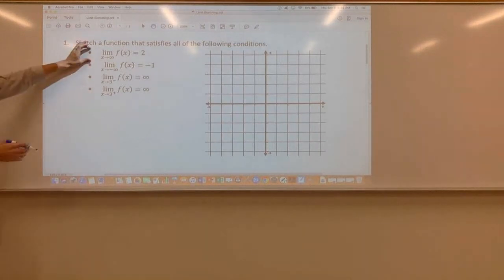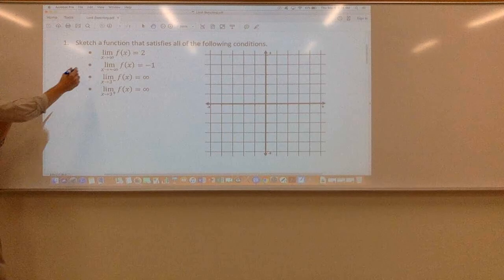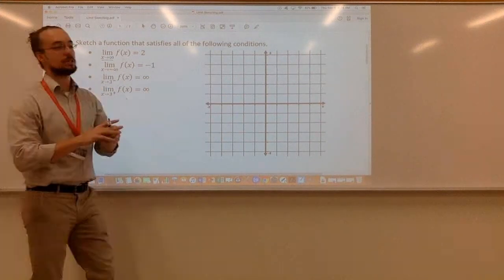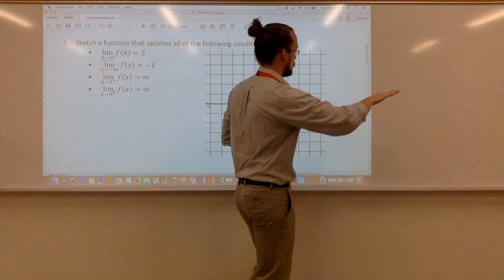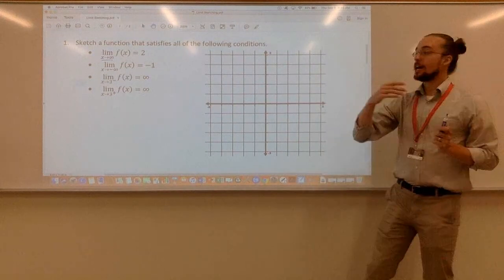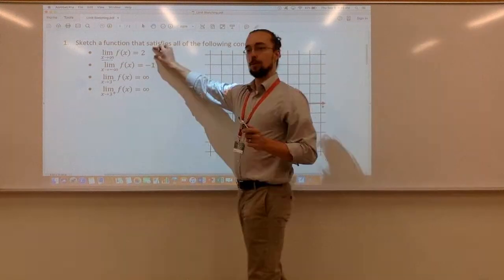So this first statement here, the limit as x approaches infinity of our function equals 2, what does that mean? If we're saying as x approaches infinity, that means we're going to be going forever this way, and our y value is going to be approaching 2.